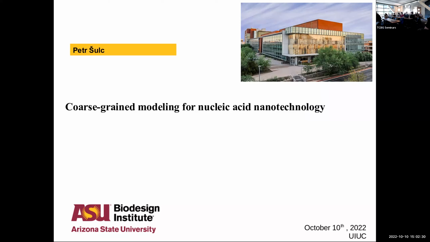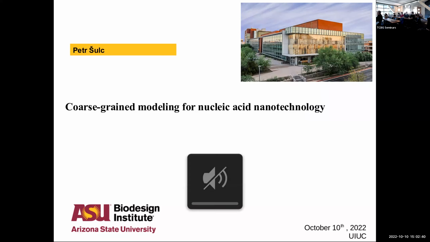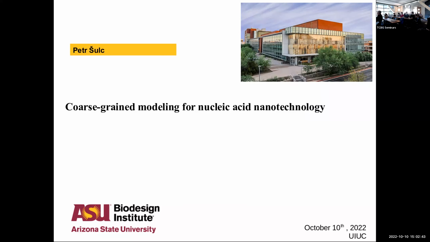He did a brief stay at Los Alamos lab, after which he moved for his PhD studies at University of Oxford, where he contributed and co-wrote the oxDNA software. After that, he got a prestigious doctoral fellowship at the Rockefeller University, and in 2018, he became a faculty at Arizona State University. And today, we'll hear about coarse-grained modeling for nucleic acid nanotechnology.